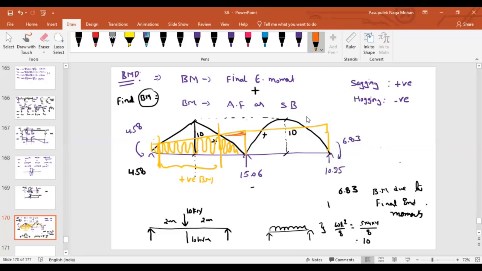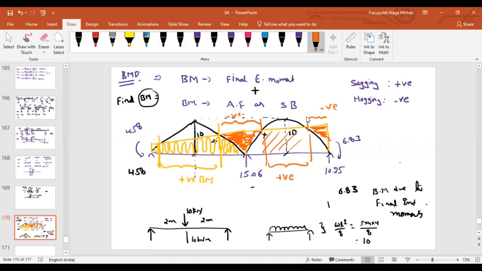Which values dominate here? Negative values are more in this area, so that's why from here to here, negative bending moment. And from here to here, positive is dominating. Similarly, in this portion, negative is dominating.